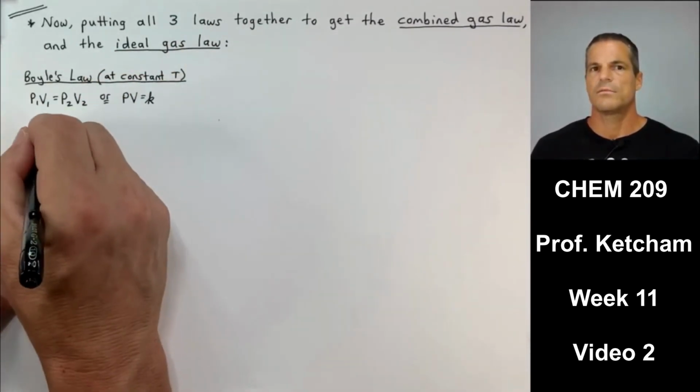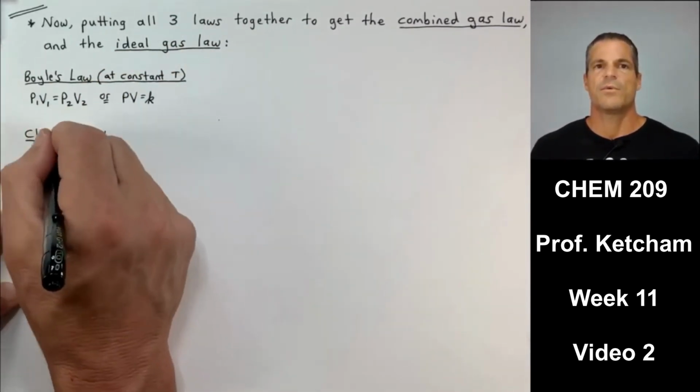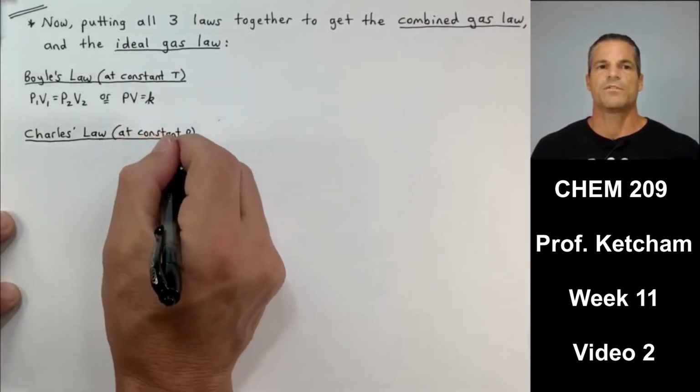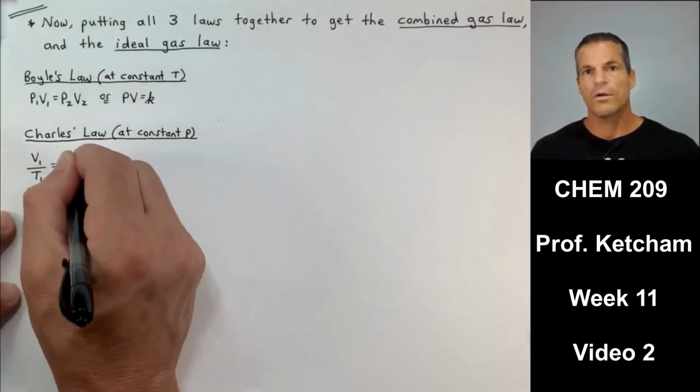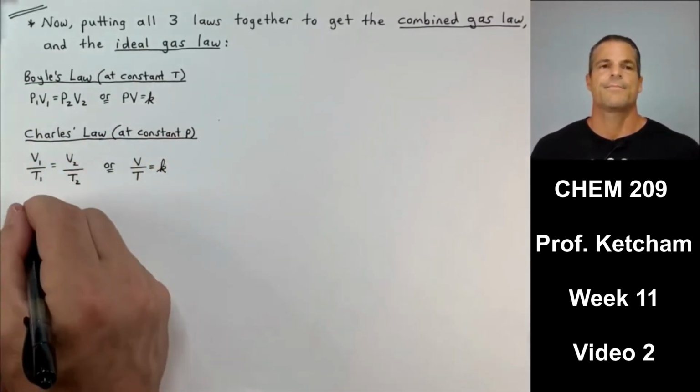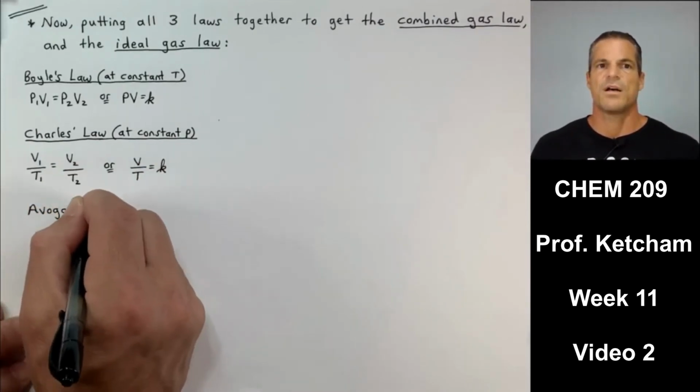Charles' law was the second law that we did of the 3 laws. And this one was V1 over T1 equals V2 over T2. Or you could say V over T equals some constant K. Third one, Avogadro's law.